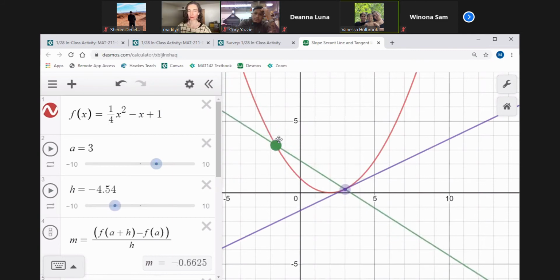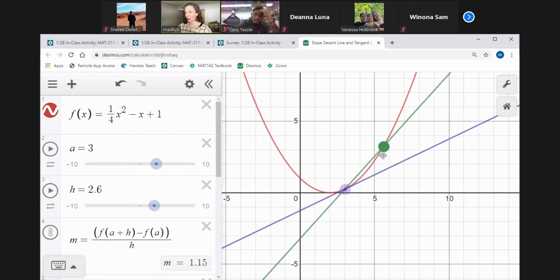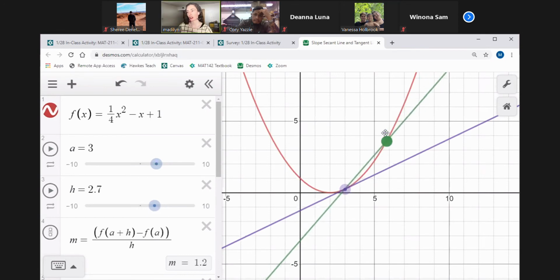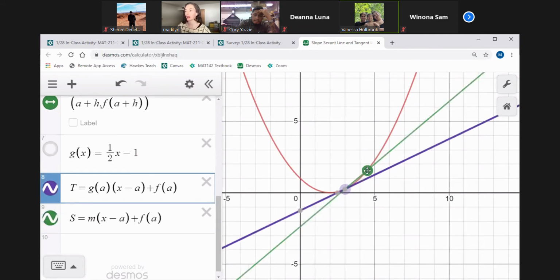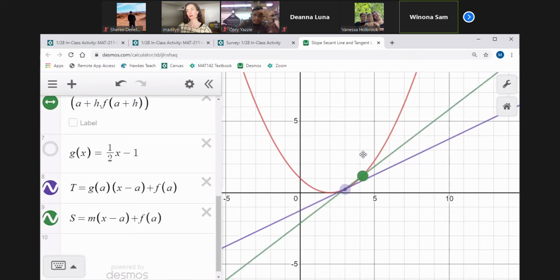It's changing based on where it is on the parabola. Yes. The value of h represents how far or how close that green point is to our purple point. So how does that changing value of h change how close the slope of our green line is to the slope of our purple line? I said that the closer the secant point gets to the tangent point, the more similar their slopes become.